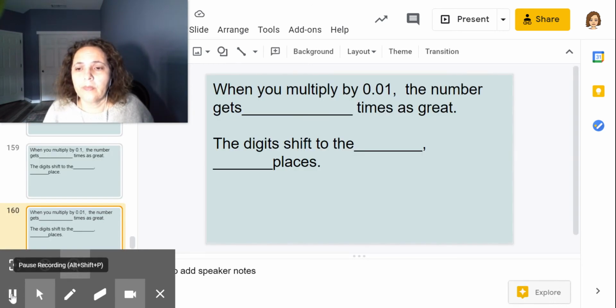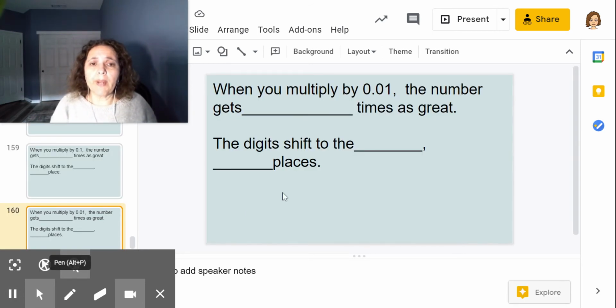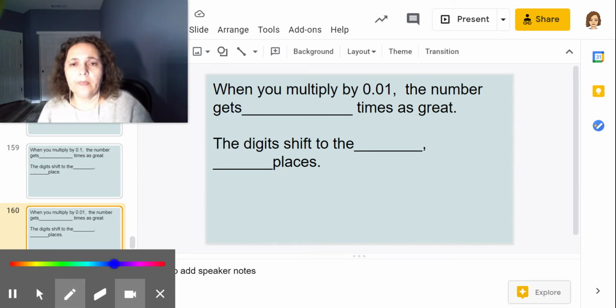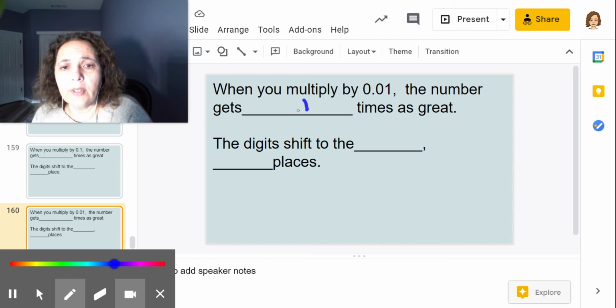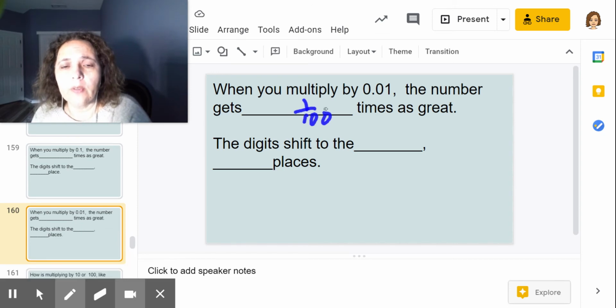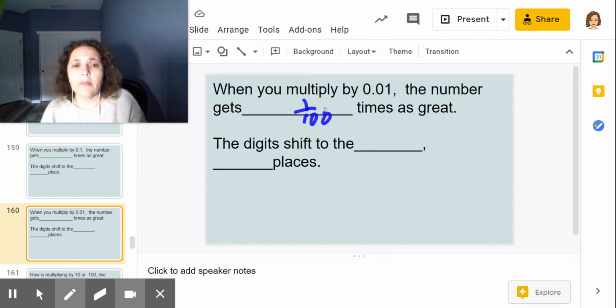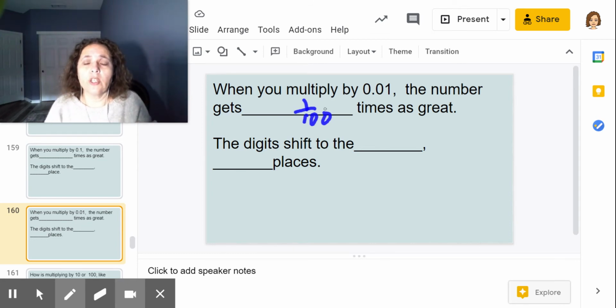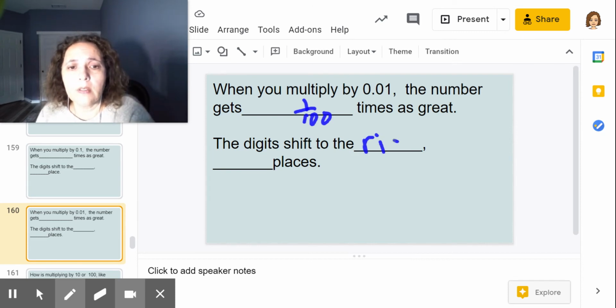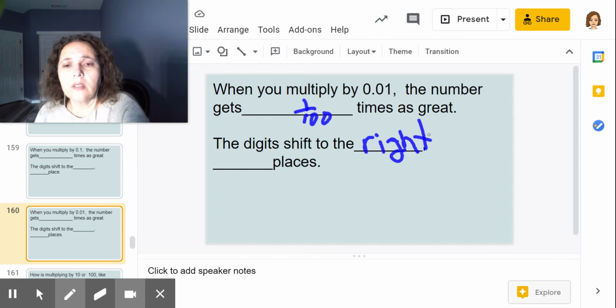So what happens when I multiply by 100th? It is getting what? 1 out of 100 times as great, right? So it's getting 100 times smaller, and the digits shift to the right. And how many places are we shifting?